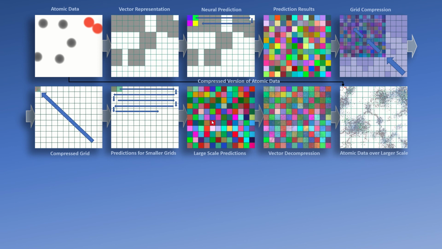Now, the different colors, they just represent different predictions that we might be getting. And then what we need to do is just decompress that data back into its original format of atoms and their trajectories, except now, as you can see, we have a much larger area over which we're predicting. So looking here, we can see that this original atomic data would actually fit in maybe right here. That's how much larger, I should say, this whole area is compared to that.